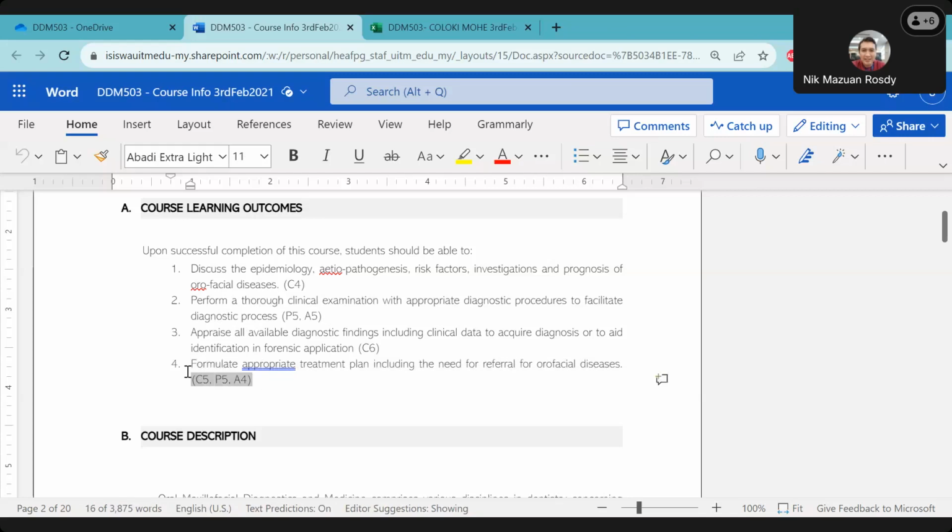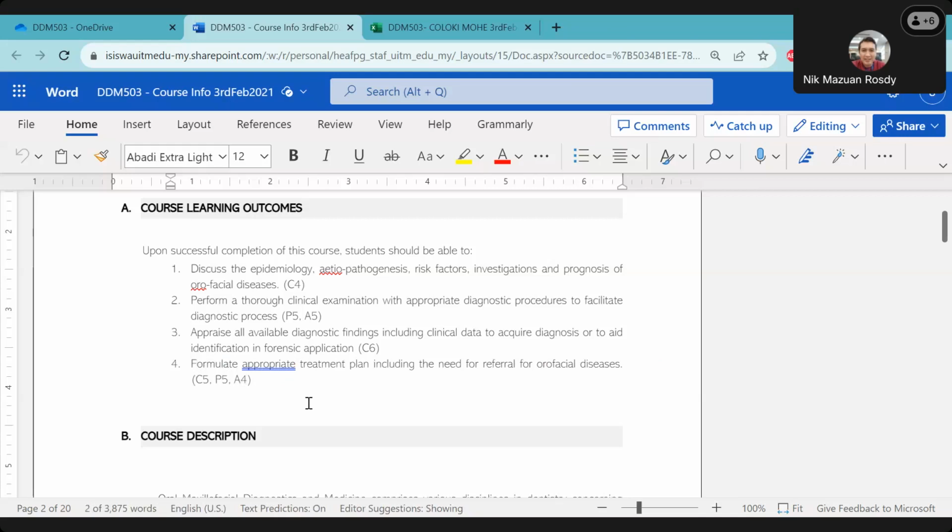You have to consider that there is a paper base and also an OSCE base if you map to CLO number 4, because it has all components here. So you need to know where you ask the C5 and where you ask the psychomotor and affective.